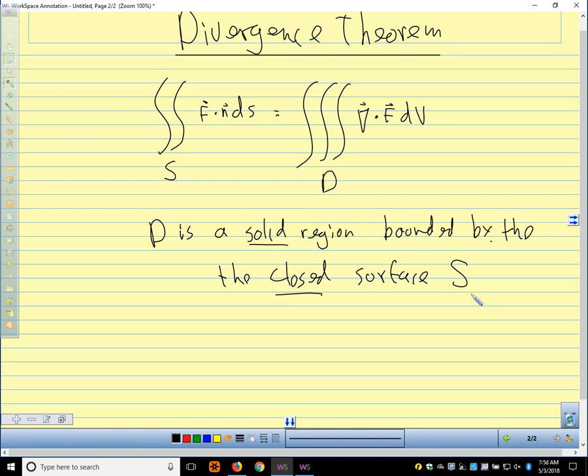So here S is a closed surface. We're not talking about the flux upward or the flux downward. We're talking about the total flux through this closed surface. So, to be more precise, we're talking about a closed surface.